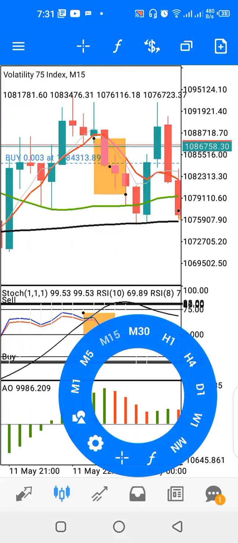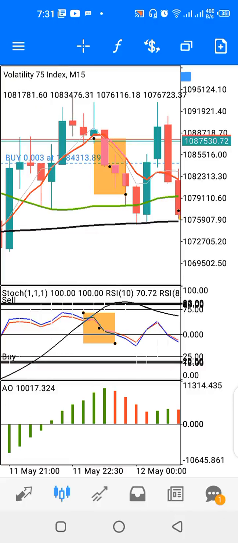Then I'll look for when the oscillator bars change color. I've been having bullish, then it starts to turn to bearish, which is the red bars above the 0 level. That's when I look for my sell.